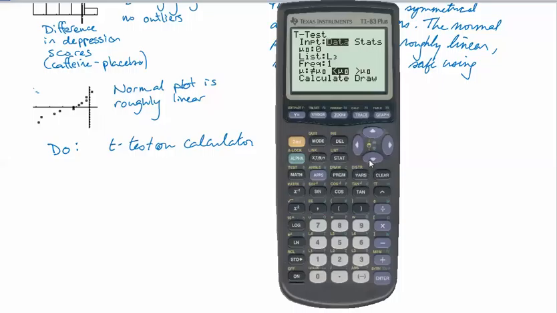We will use our data. Our null hypothesis mean is 0. I'm using L3, and our alternative hypothesis is that the mean is less than that of the null hypothesis. And so then we are going to calculate.